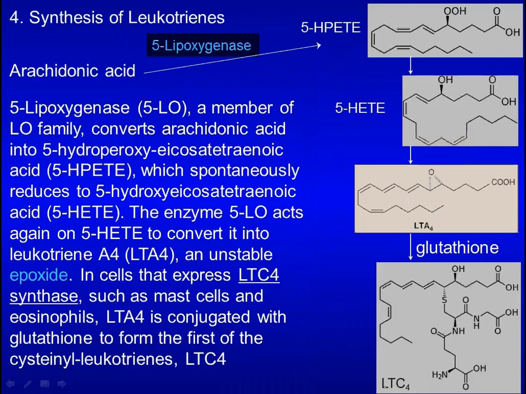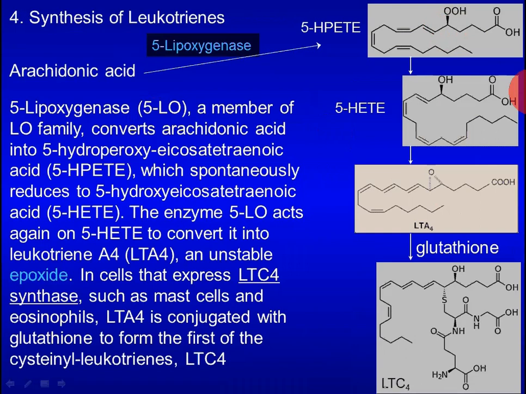The first step in synthesis of leukotriene is oxidation of arachidonic acid, catalyzed by 5-lipoxygenase, which generates a hydroperoxy group at the C5 position. This compound is reduced spontaneously.